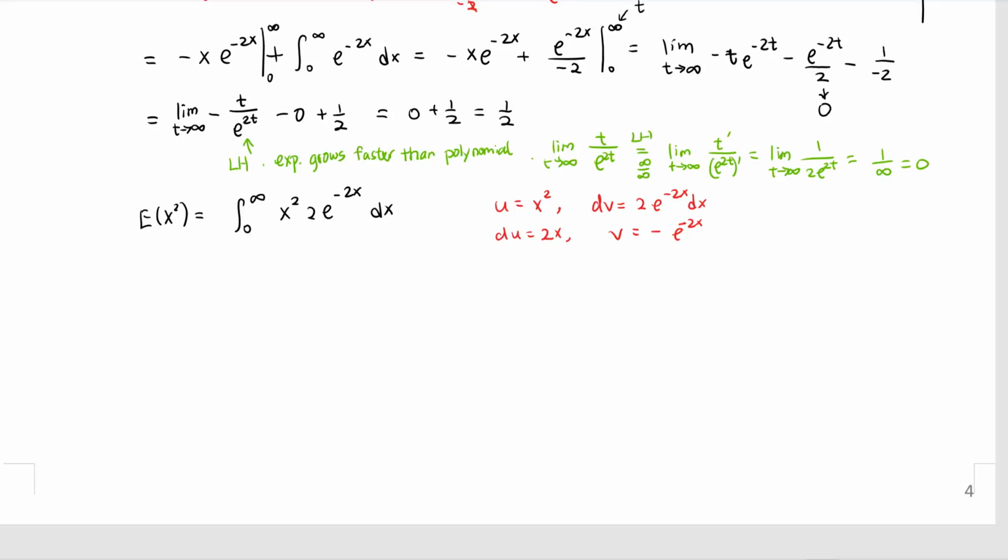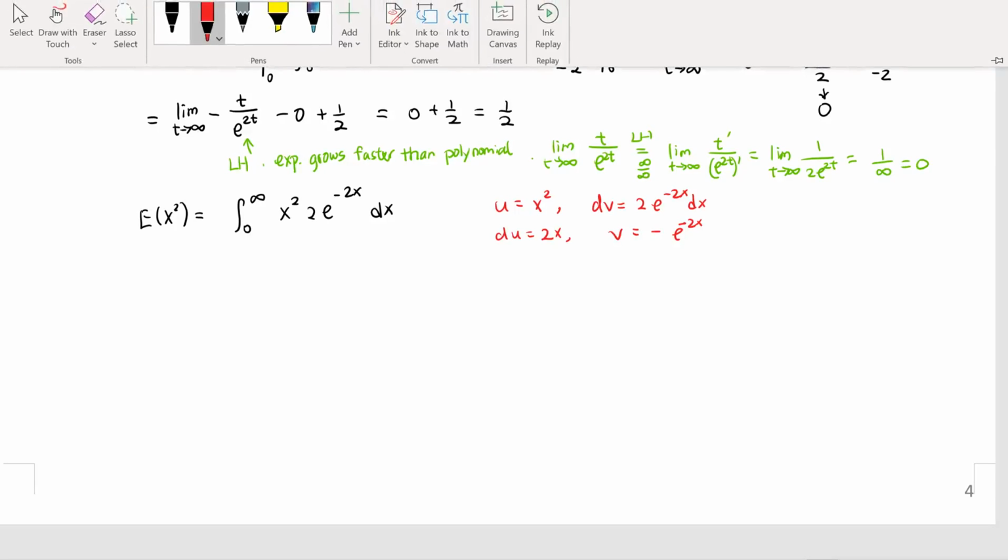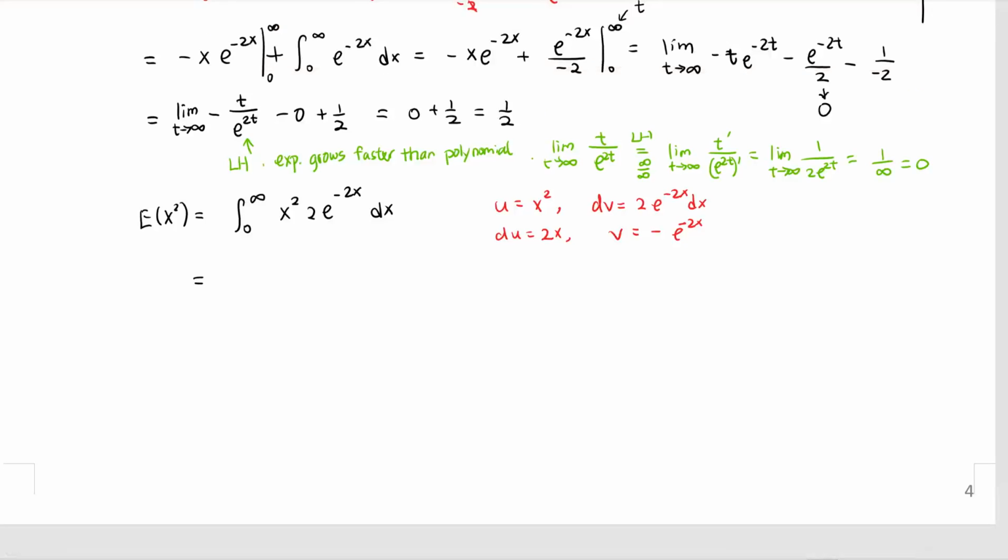All right, so the integral is uv minus the integral of v du. And don't forget we evaluate from 0 to infinity.